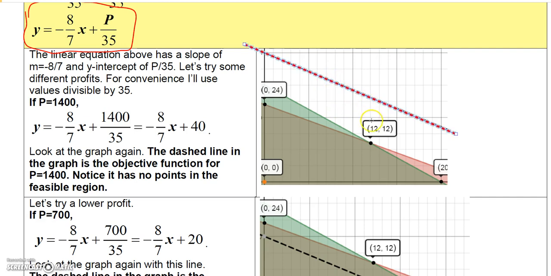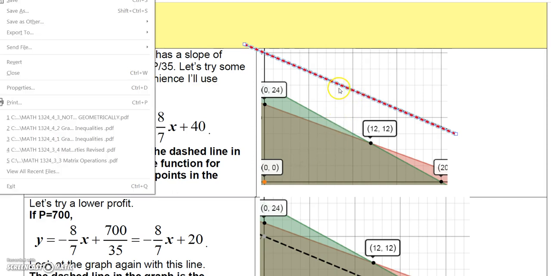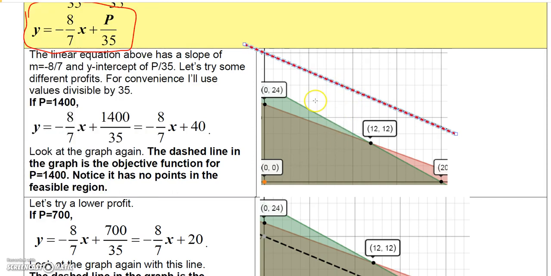So what happens is as you lower this value, let's say we lower it to 700. Then 700 divided by 35 would be 20. So then my graph would lower to, say, somewhere in here where it crosses the line 20.